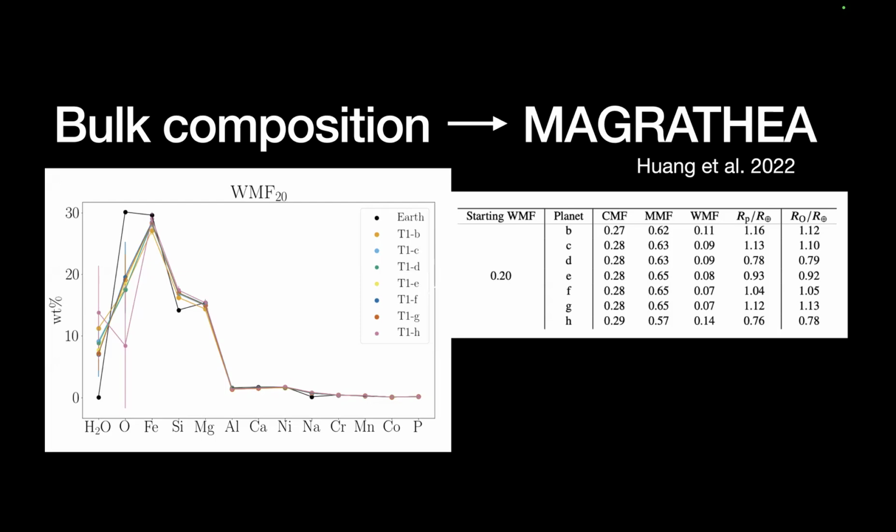And then Magrathea calculates what the resulting planet radii are. I've listed R sub P, those are simulated planet radii, and R sub O are the observed planet radii. And we find that we did a pretty good job at producing the observed planet radii. The biggest discrepancies, though, in the planet radii were for planets B and C, where we were simulating planets that were larger than have been observed.